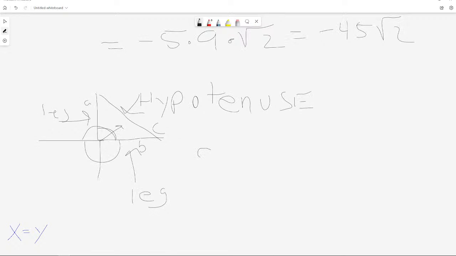So therefore we end up with a squared plus b squared is equal to c squared. In other words, the hypotenuse of any right triangle is equal to the square root of the sum of the squares of its legs.